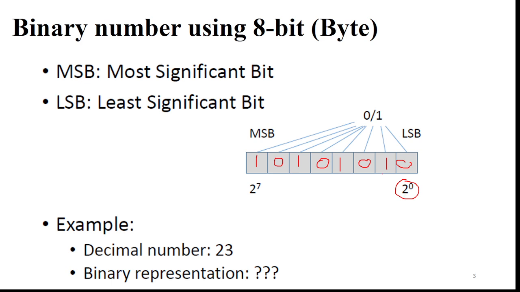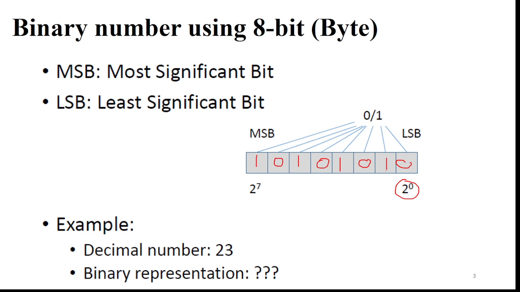The next is 2 power 1, then 2 power 2, then 2 power 3, and so on. So here 2 power 0 is 1. The least significant bit represents the number 1 in decimal.